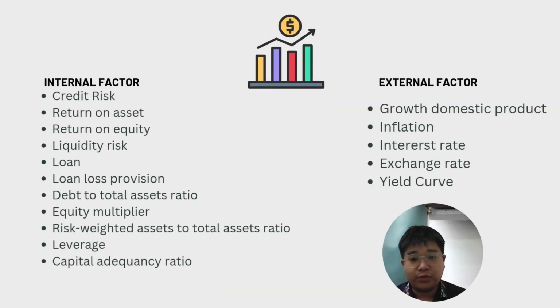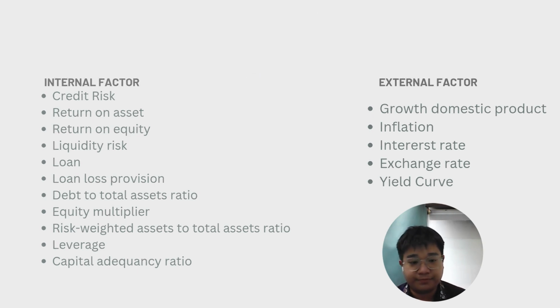The internal factors used in this assignment are credit risk, return on asset, return on equity, liquidity risk, loan loss provision, debt to total asset ratio, equity multiplier, risk-weighted asset to total assets ratio, leverage, and capital adequacy ratio. For external factors, we use gross domestic product, inflation, interest rate, exchange rate, and yield curve.